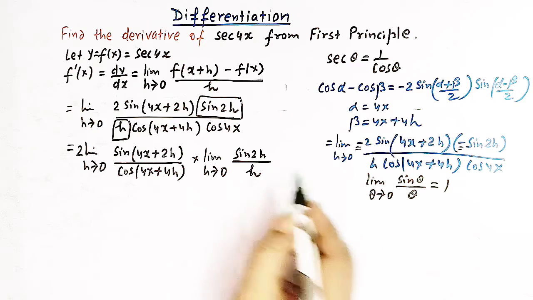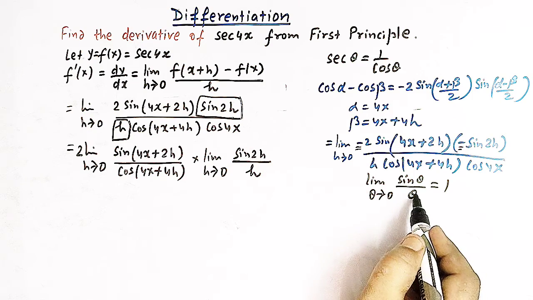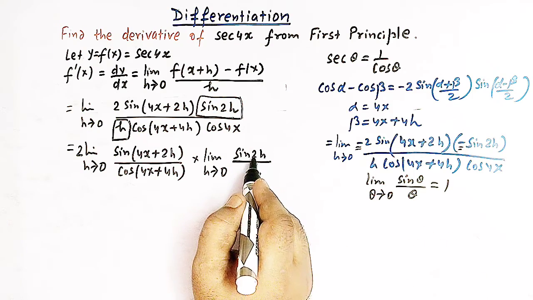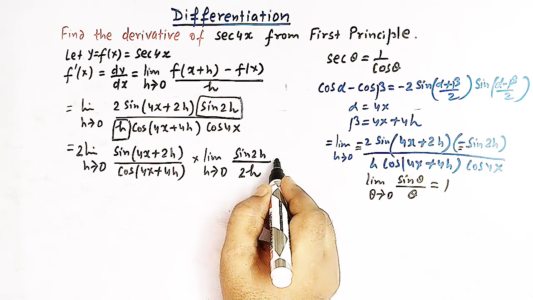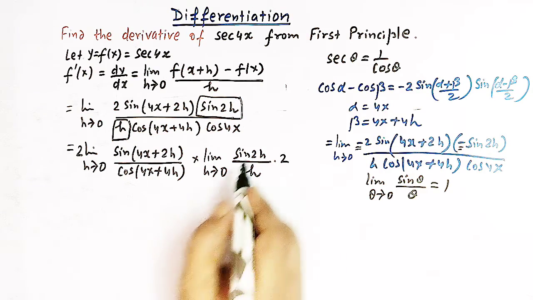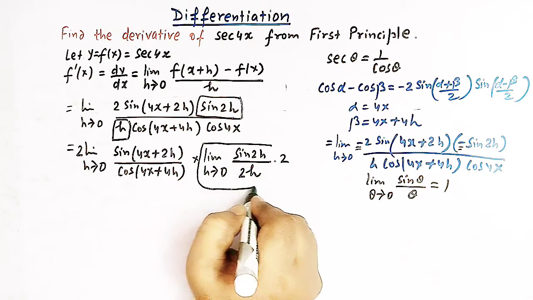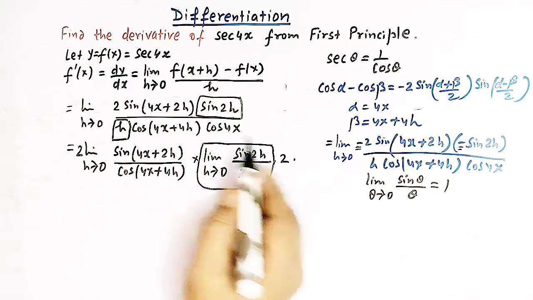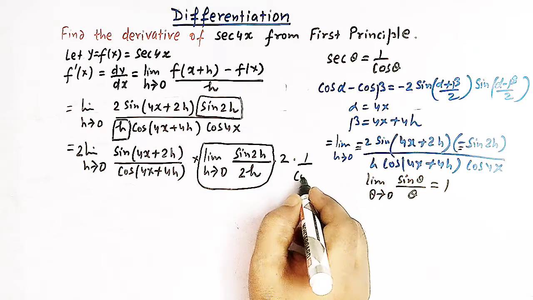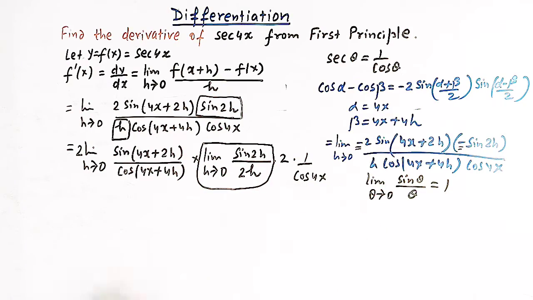For converting this limit into this form, we have 2h, so writing 2h in the denominator and multiplying the numerator by 2, this limit is now equal to 1. And moreover we have the factor 1 over cosine 4x.